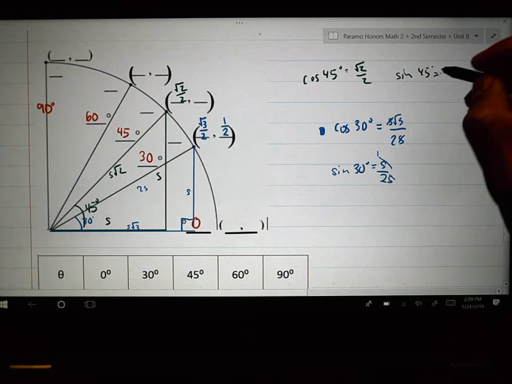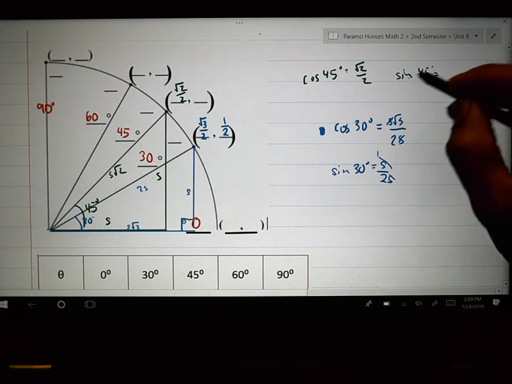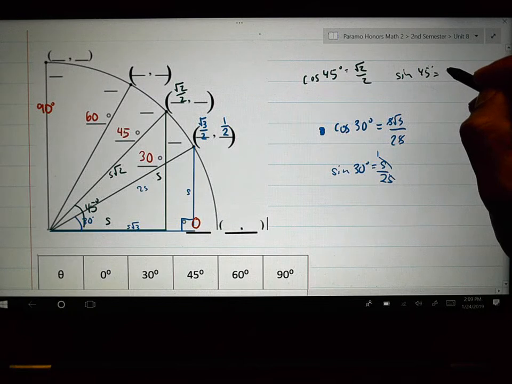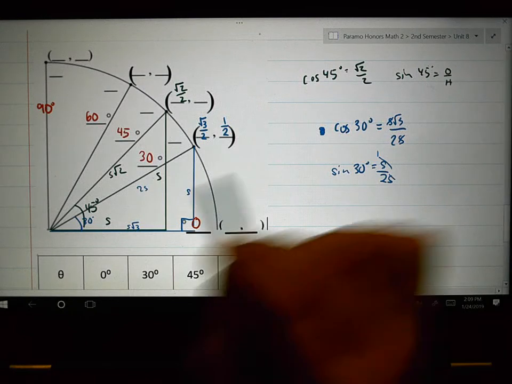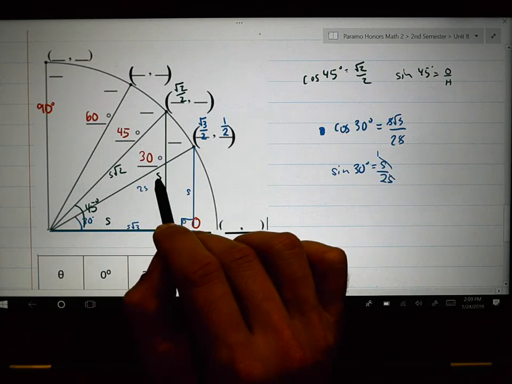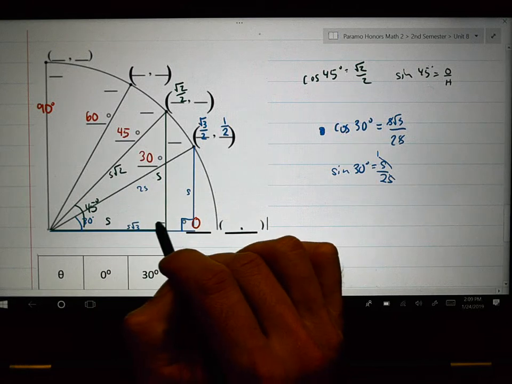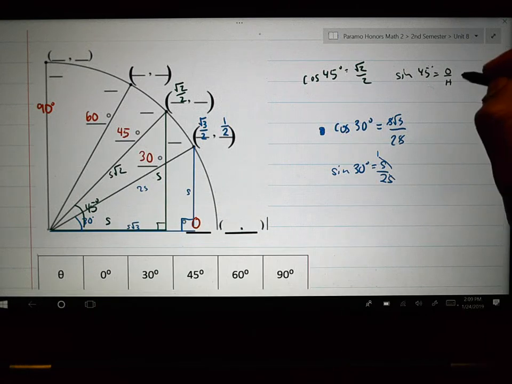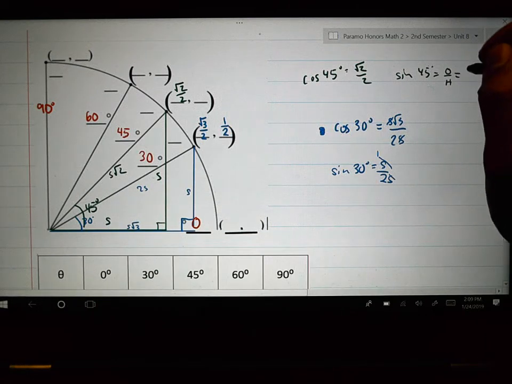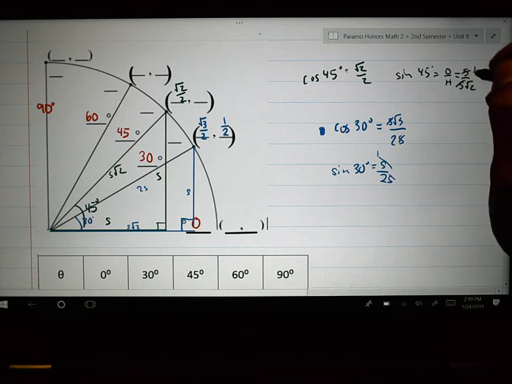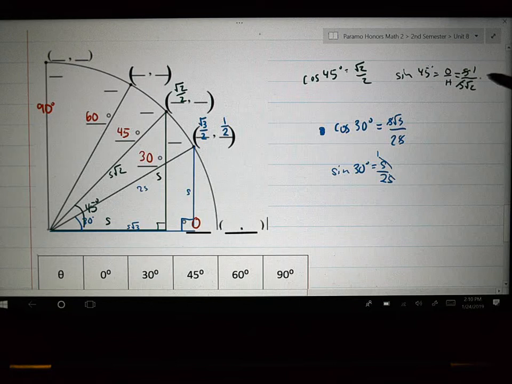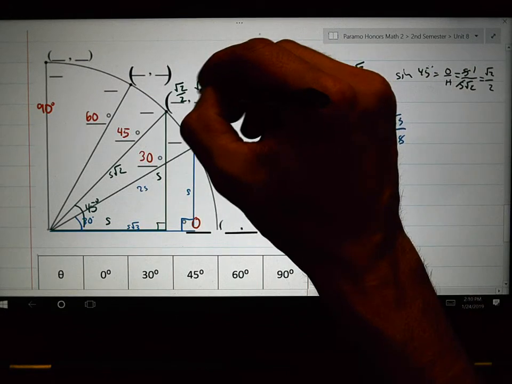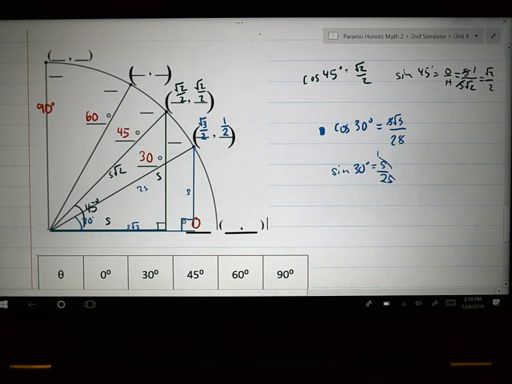Well, let's use SOHCAHTOA. O over H. The O is the S. The H is the S root 2. S over S root 2. Got to rationalize it. What will it be? It's the same thing as the cosine for 45 degrees.